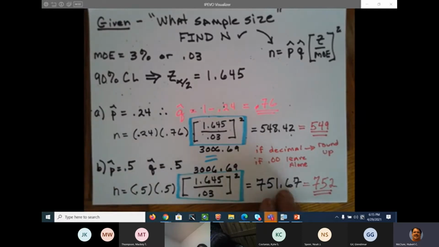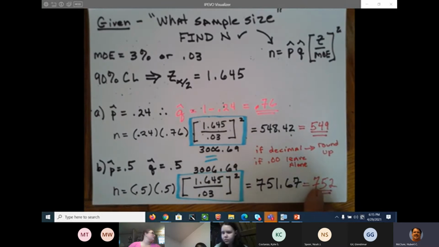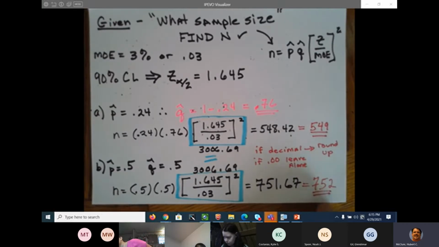If you come out with a decimal, you round up. If you come out with 00, so like if this came out to be 751.00, you would leave it 751.